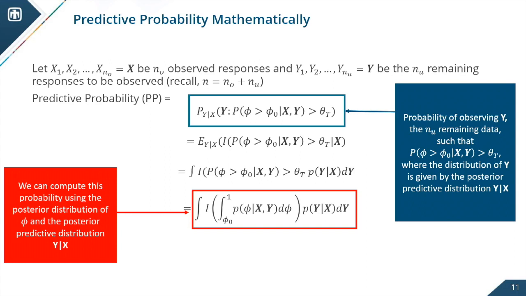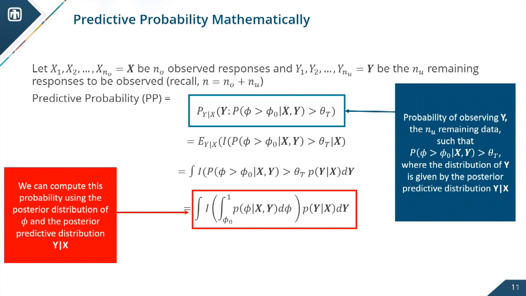Then the predictive probability is defined as the probability, under the predictive distribution of y given x, of seeing the remaining y observations such that your reliability requirement would be met.